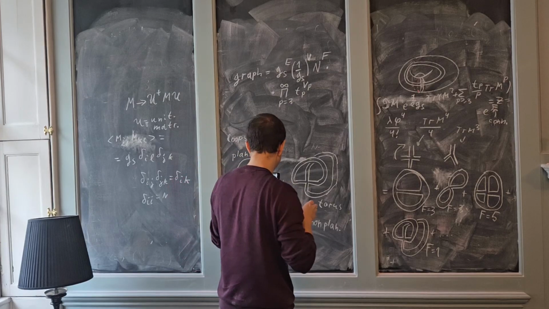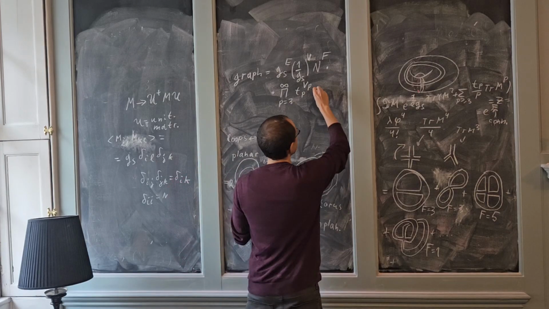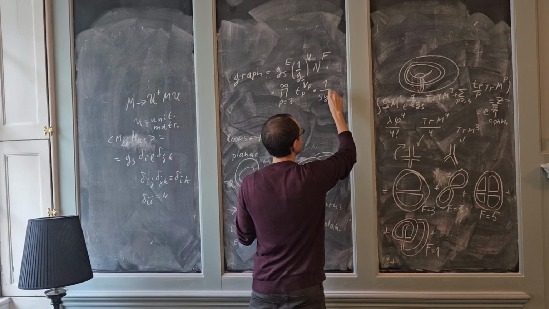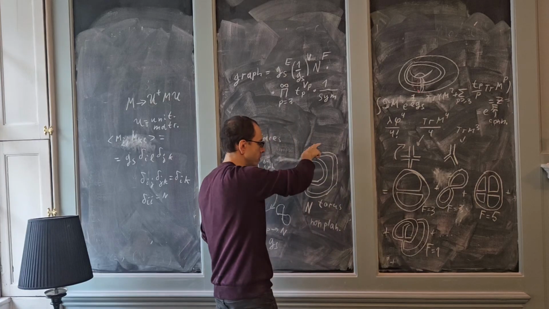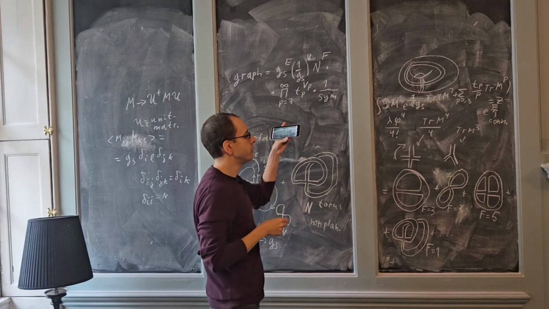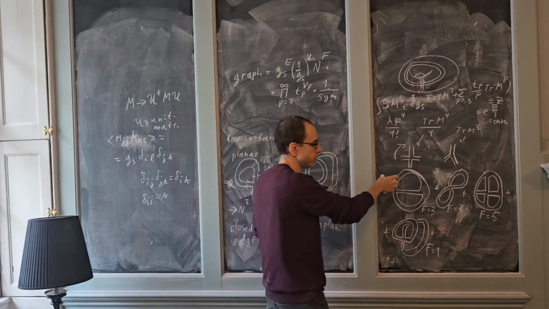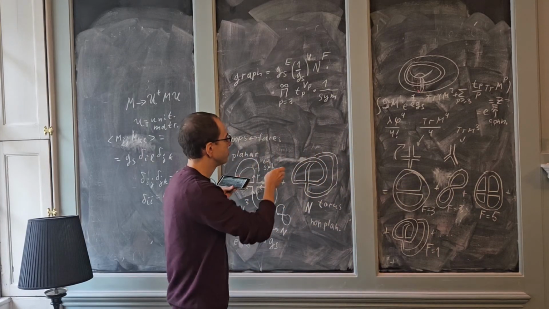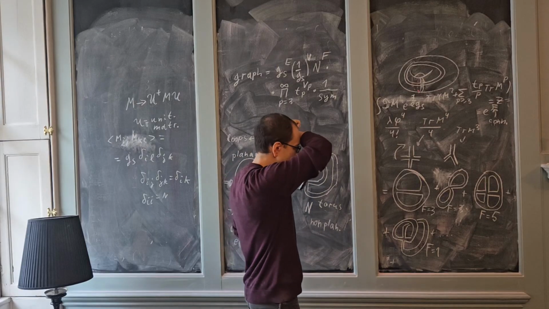And then, if you want to be pedantic, there is also 1 over the symmetry factor, which is typical in all Feynman graphs. Some graphs have certain extra symmetries which make some contractions redundant. I'm not going to discuss this. It's exactly like in usual field theory.